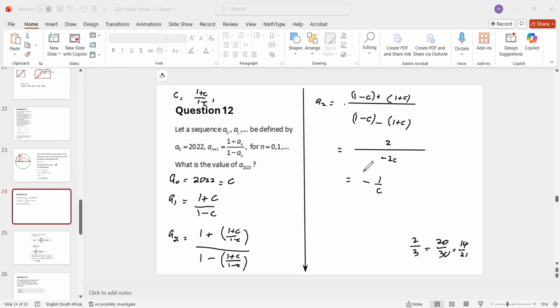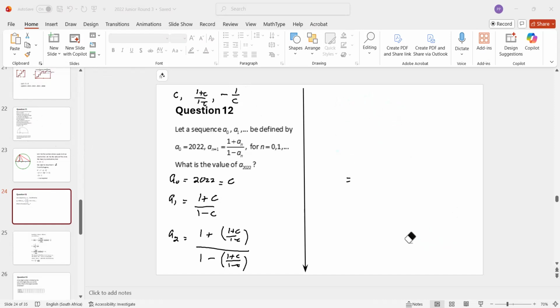And A2, we just worked out to be -1 over C. Right. I need space, so I keep track of it and I can erase all these.